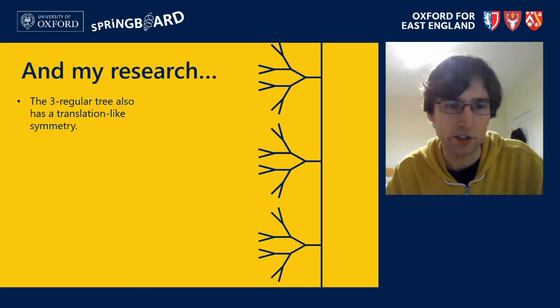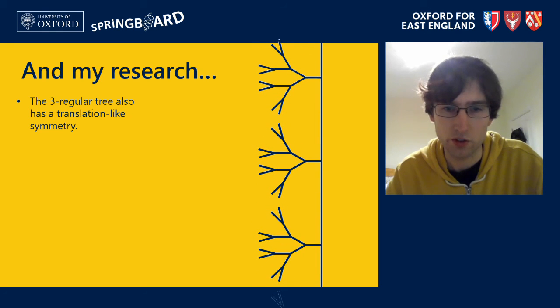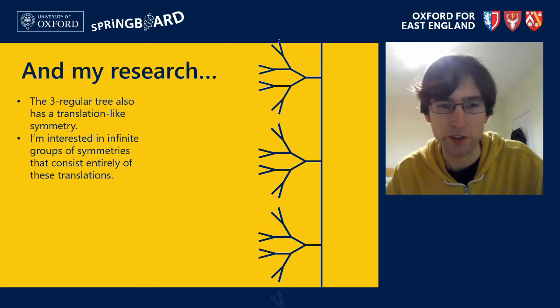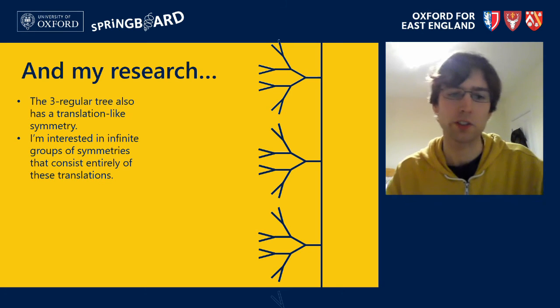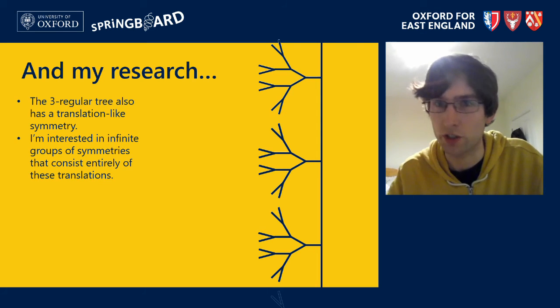And what does this translation-like symmetry do? Well, it does this. It shifts all of these subtrees down by 1. So very roughly, the way this touches on my research is that I'm interested in infinite groups of symmetries of this tree and of similar trees.